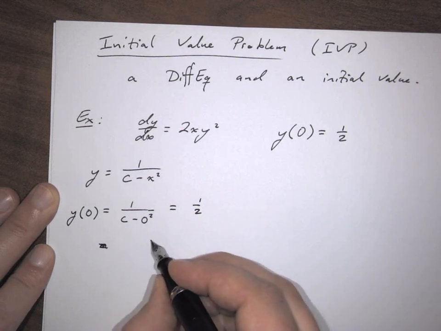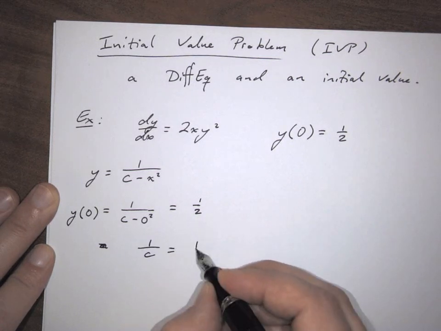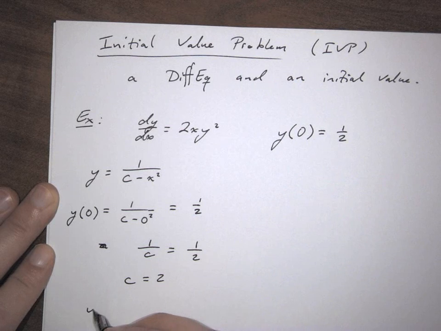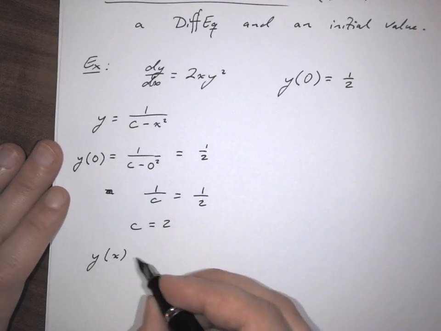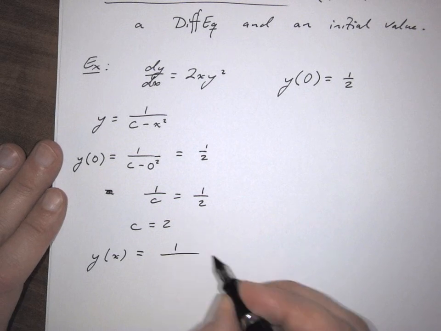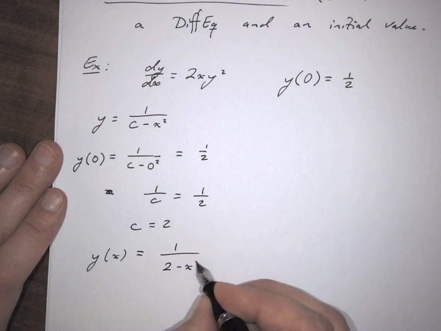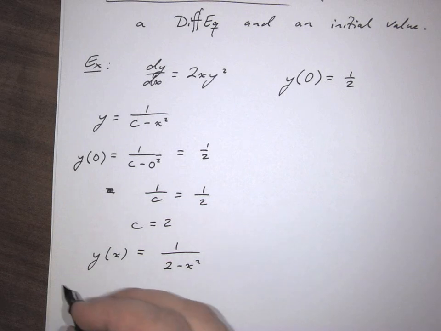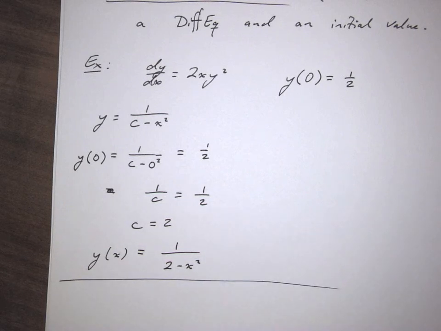So we have 1 over c equals 1/2. In other words, c has to equal 2. So then what that means is that y as a function of x, we can write it this way or just y, either way, is equal to 1 over 2 minus x squared. So there is our solution to the initial condition.